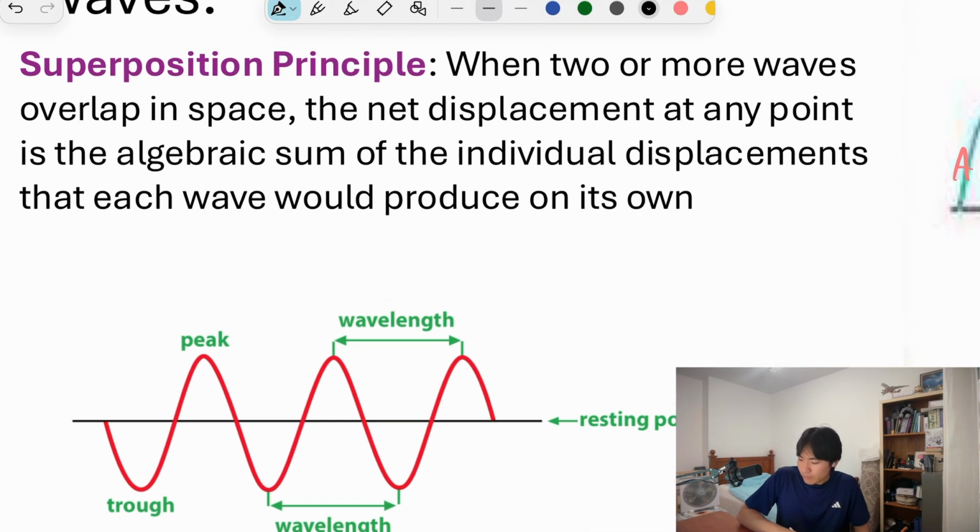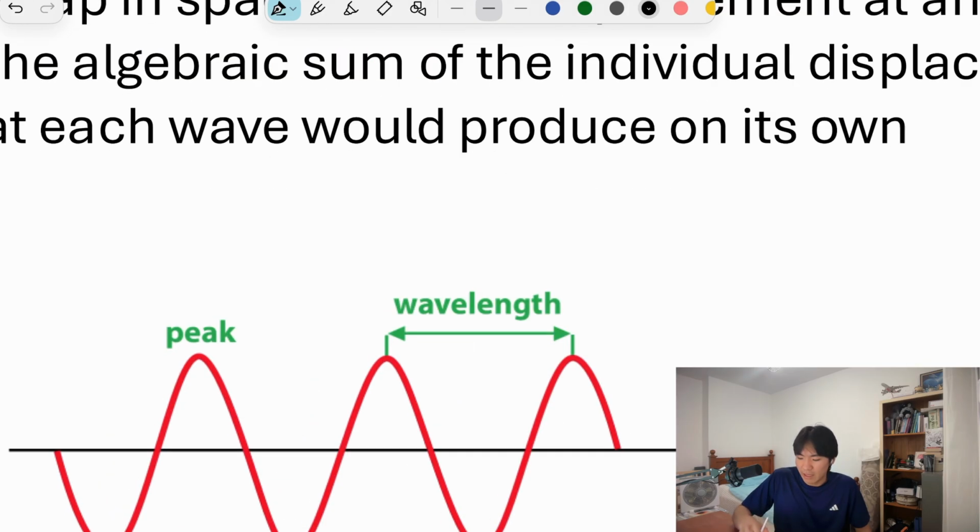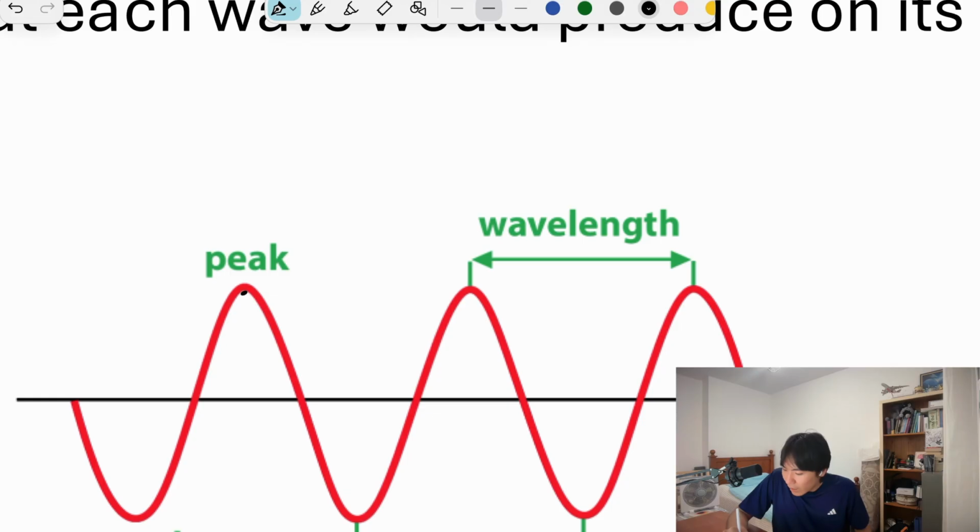And as I said, in the European Baccalaureate, you're expected to use technical terminology. In the exam, if you're asked to explain what the superposition principle is, you can't say the high point on the wave, the low point on the wave, the middle point on the wave. You want to use the technical terms. We call it peak or crest. We call it trough. Maybe there's another word for trough, but this is generally what I use.